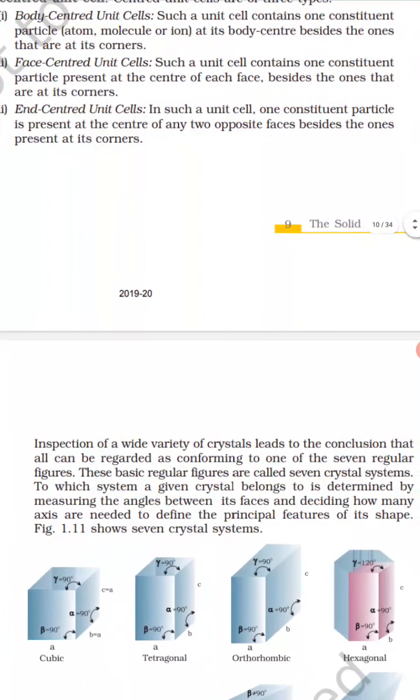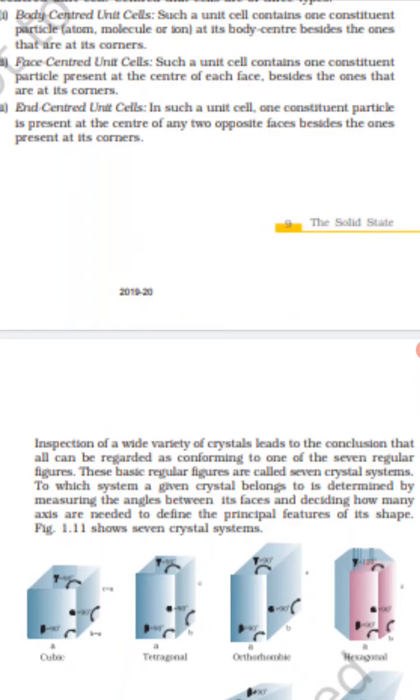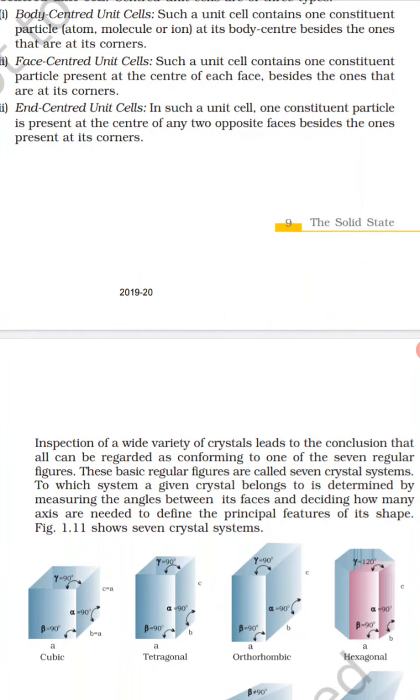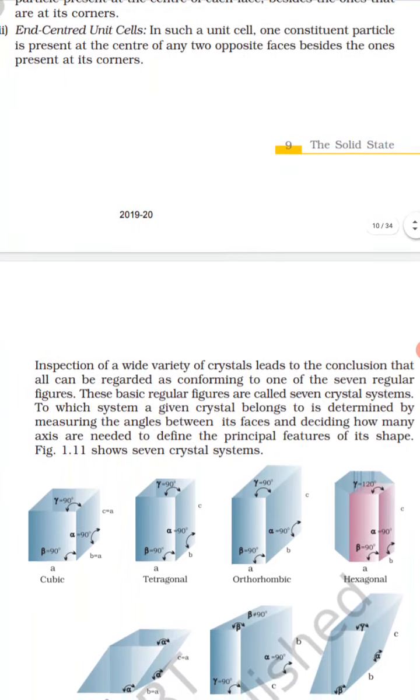The third one is end-centered unit cell. In such unit cells, a constituent particle is present at the center of any two opposite faces besides the ones present at its corners.